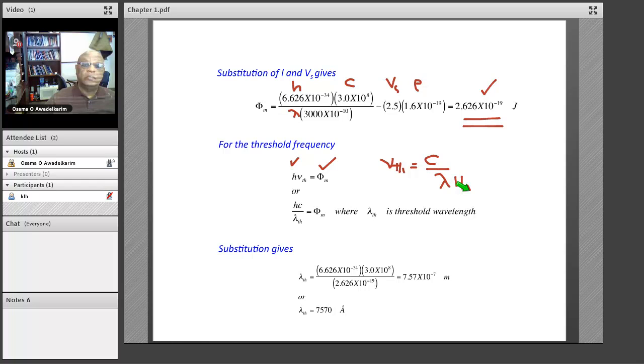So hc over lambda_th equals phi m, where lambda_th is the threshold wavelength. So we just substitute now. This is h, this is c in meters per second, and this is phi m.